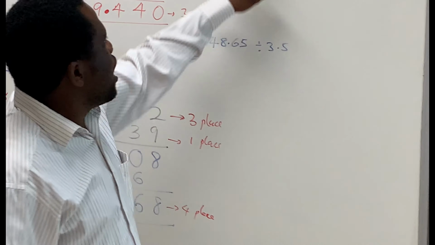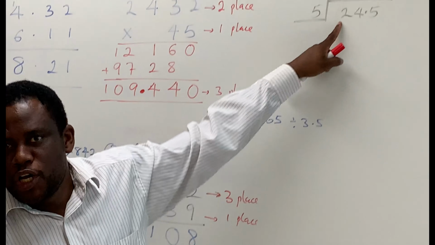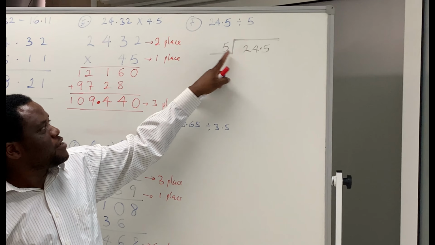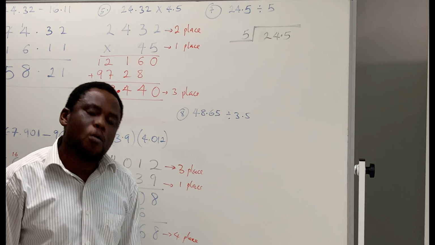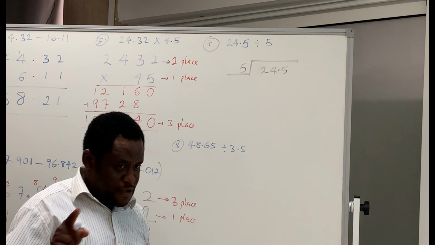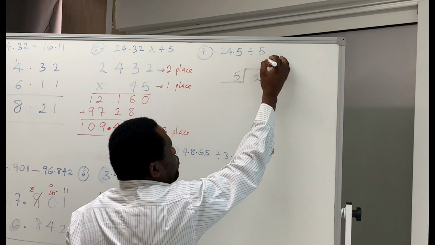Okay. How many times does 5 go in 2? It's not possible. So we take the next digit. How many times does 5 go in 24? 4, remaining 4, right? So let's write 4.